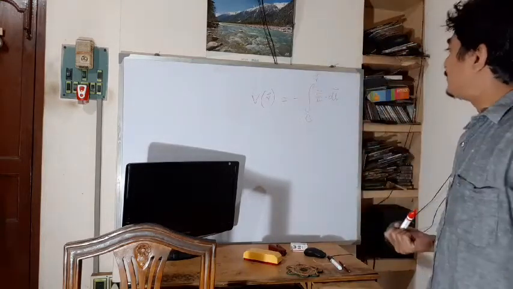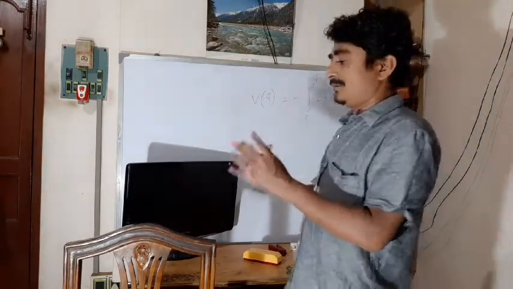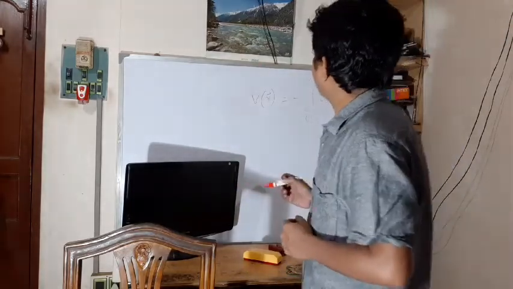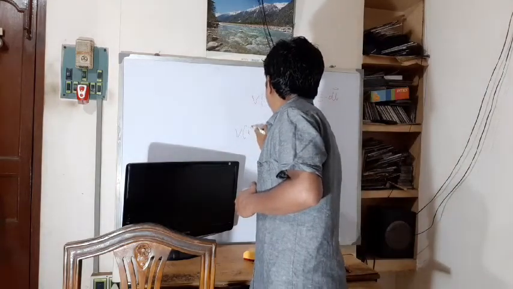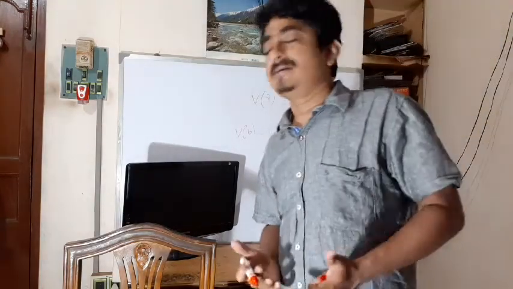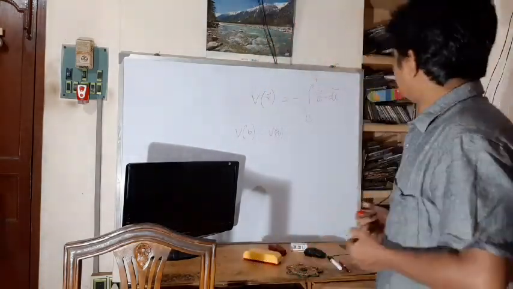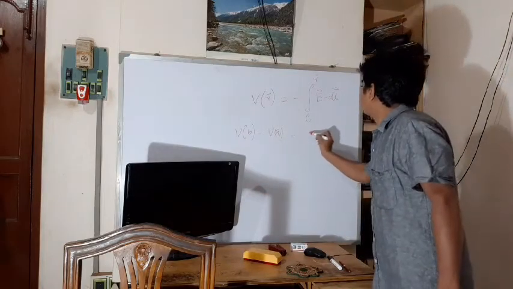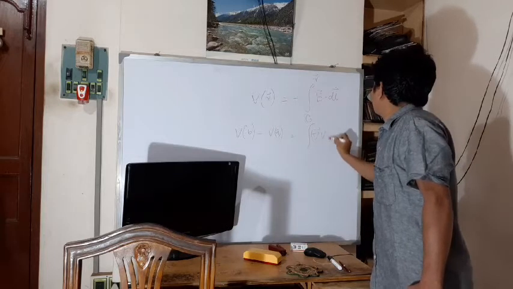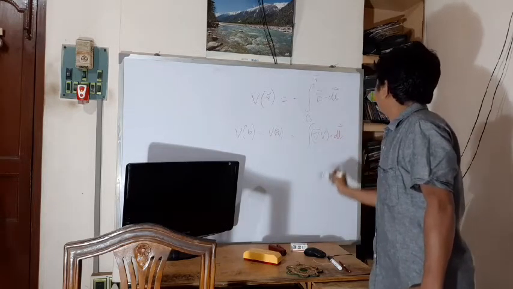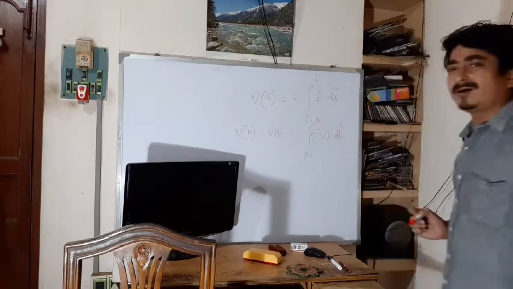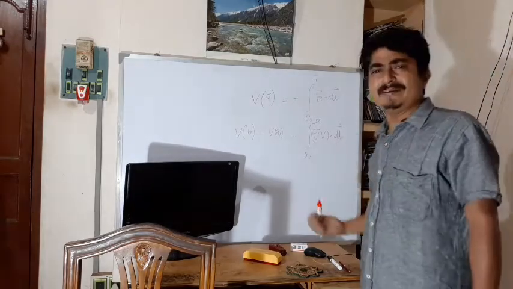Now if we consider the potential difference between those two points A and B, that means V of B minus V of A. From the concept of gradient, we can say that this is nothing but the integral of grad V dot dl from A to B. This is the primary definition of gradient.